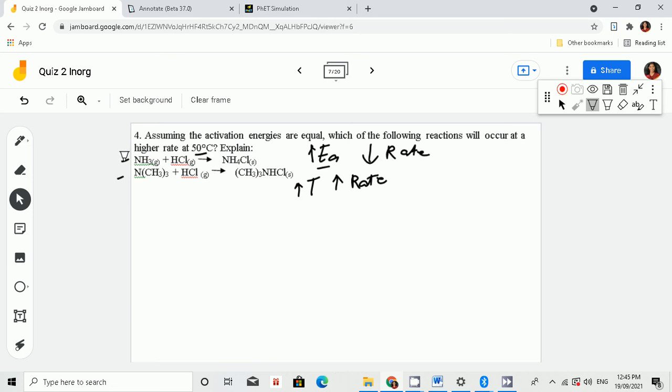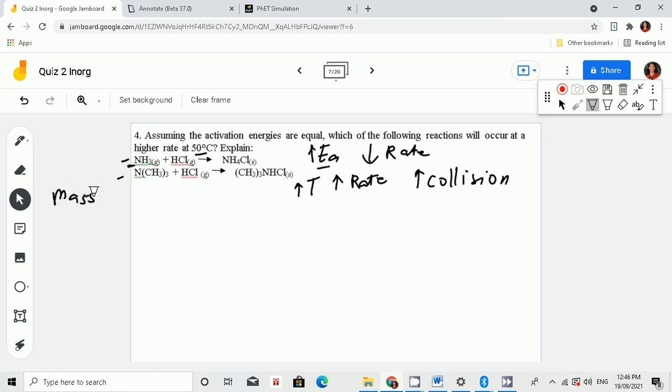They have the activation energy, we have the temperature, and the collision. We know the collision is directly proportional to temperature. If higher temperature, higher rate because of higher collision. So let's try to look at the mass.